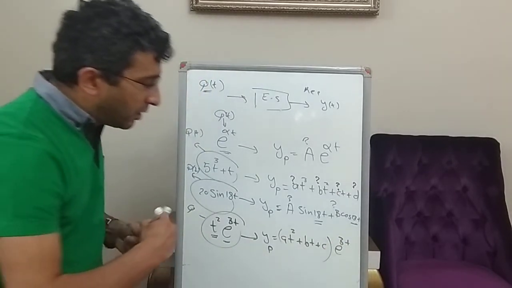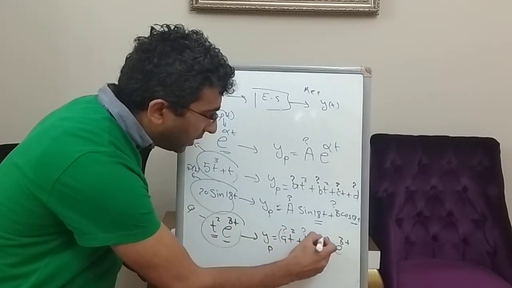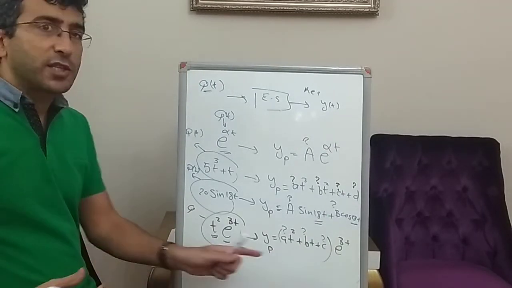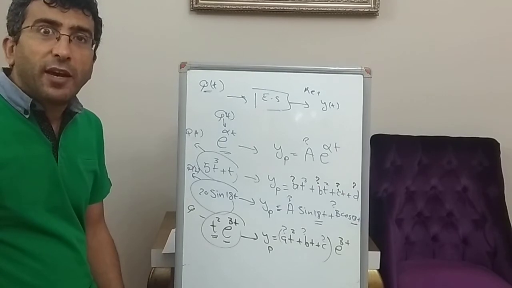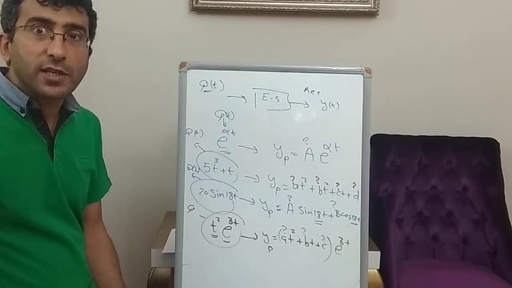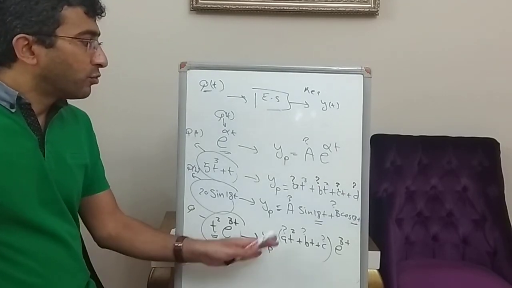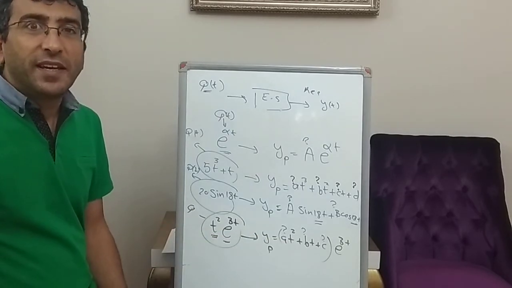So you should find these a, b, and c coefficients. This is your assumption, and this assumption should not be included in the homogeneous solution. If this assumption is included in the homogeneous solution, you should multiply this assumption by t.